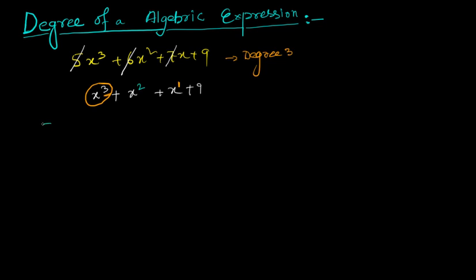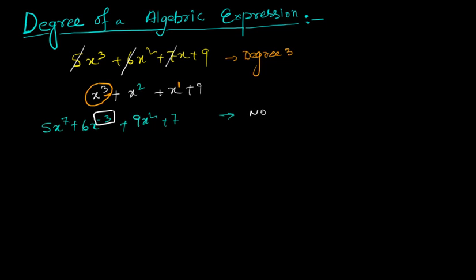So let's do one other. Say we have 5x to the power 7, 6x to the power minus 3, 9x squared plus 7. What will be the degree of this polynomial? We can see the variable has a negative power, so it's not an algebraic expression, because we all know an algebraic expression cannot have a negative or a fraction in its power.